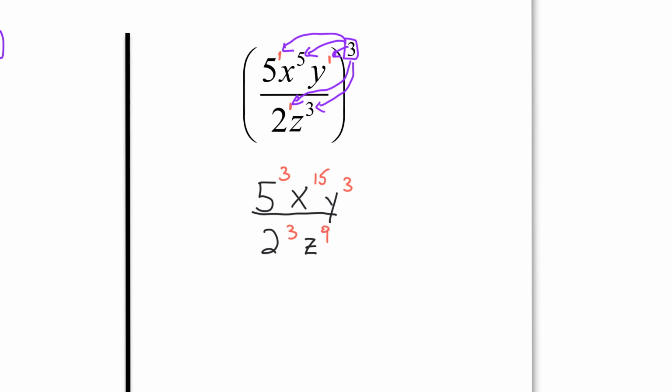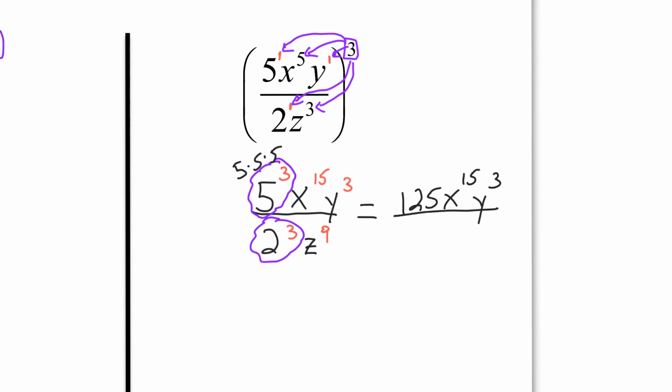So now you guys actually simplify the coefficients, the numbers. We have 5 to the 3rd power, and 2 to the 3rd power. So 5 to the 3rd power, that's actually 5 times 5 times 5. You multiply 5 by itself 3 times, and that's going to be 125. You keep the x to the 15th power, the y to the 3rd power. On the bottom, 2 to the 3rd power.